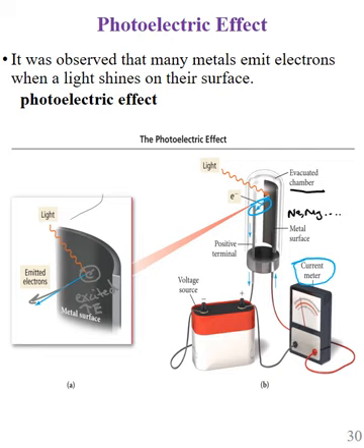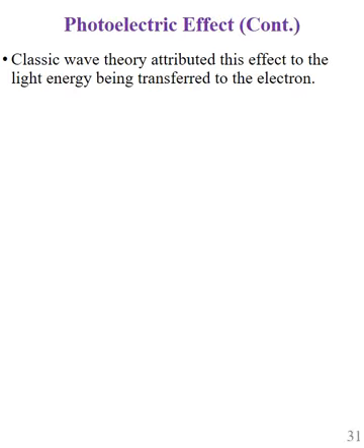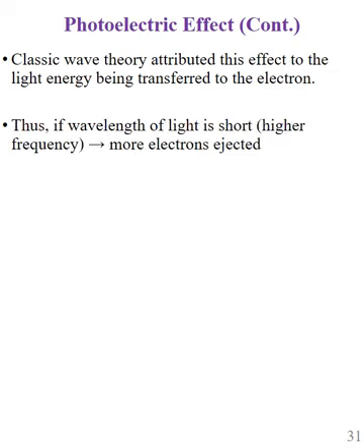Let's view this photoelectric effect a little bit more because it's very interesting. Classic wave theory attributed the photoelectric effect to the light energy being transferred to the electron. Let's look at a few examples here. According to classic wave theory, if a wavelength of light is short, meaning high frequency, this would be an example of purple light.